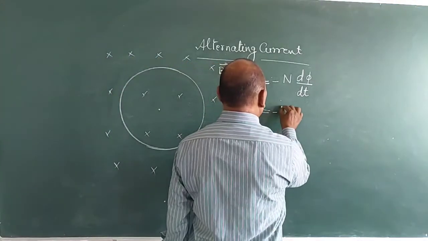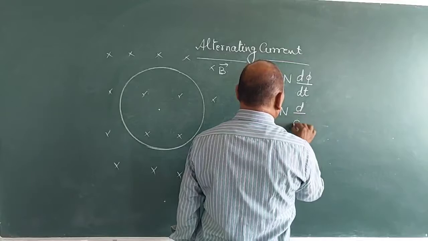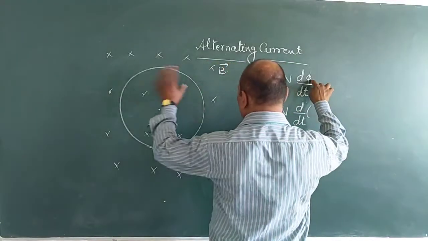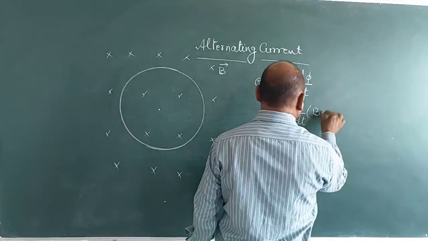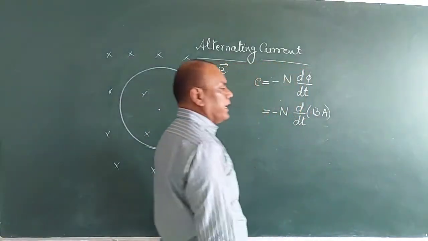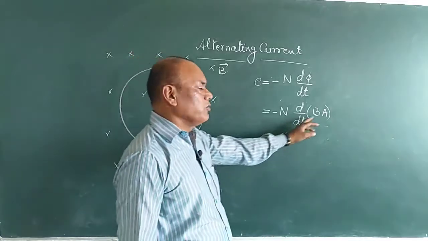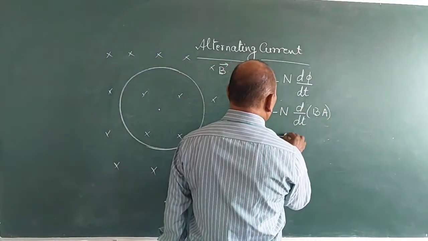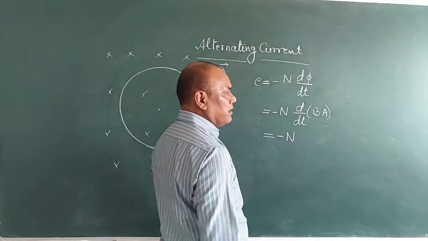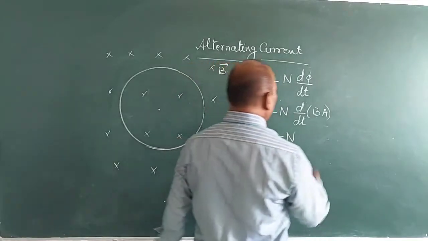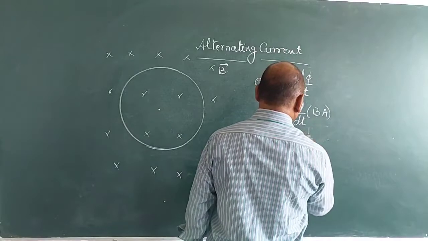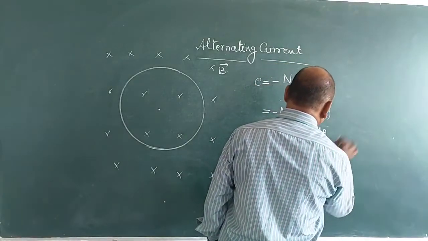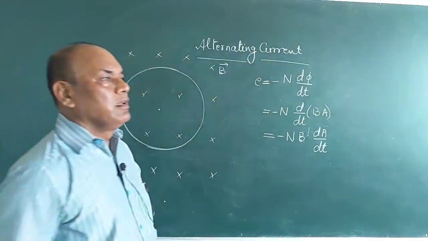This becomes minus N d by dt of, this is called the magnetic flux attached to the coil, which is equal to BA. Now here minus N B into dA by dt.